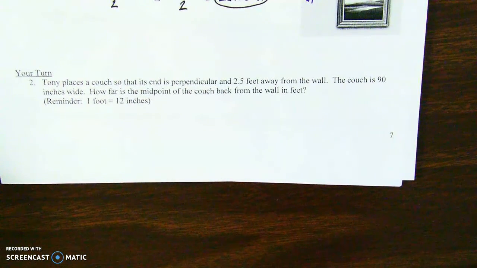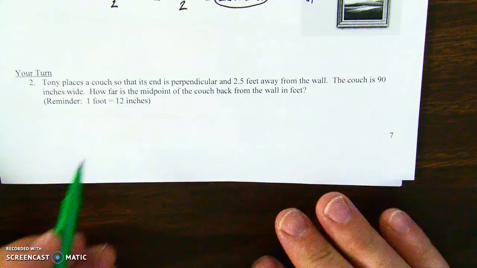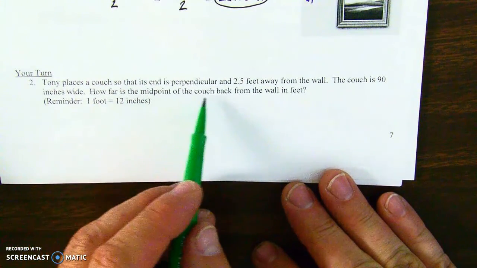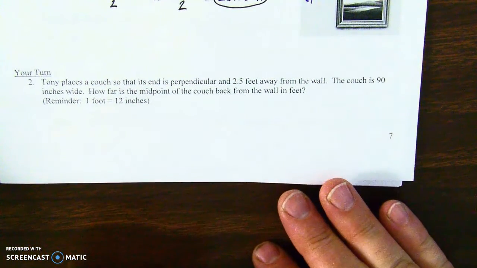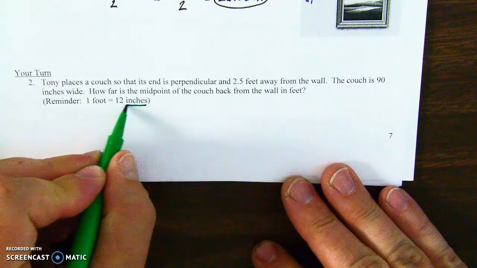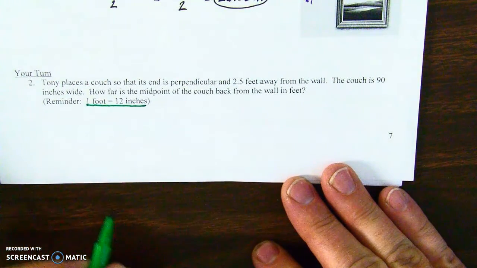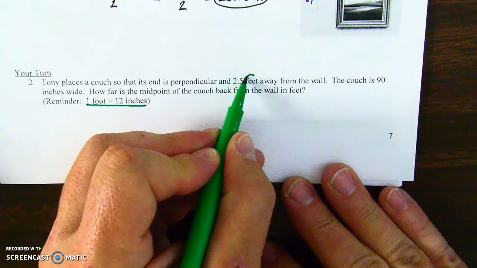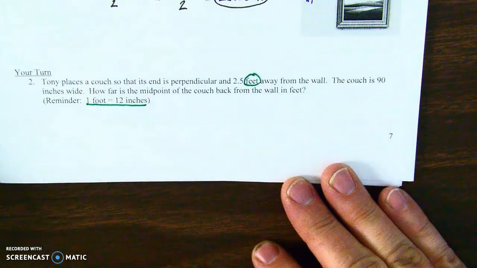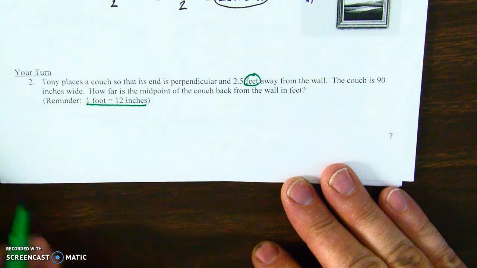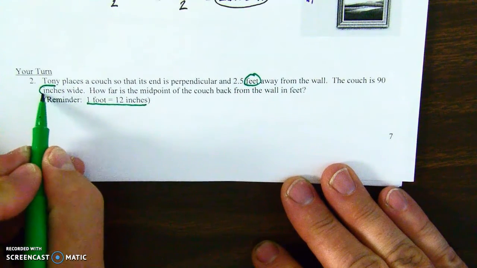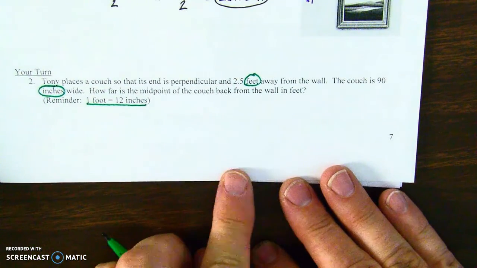Here's something interesting, and I'll give you a subtle hint as to what needs to be done. How far is the midpoint of the couch back from the wall, in feet? Here's a hint: 1 foot equals 12 inches, because our first one is labeled in feet and the second one is labeled in inches.